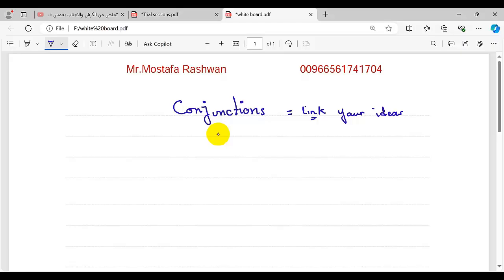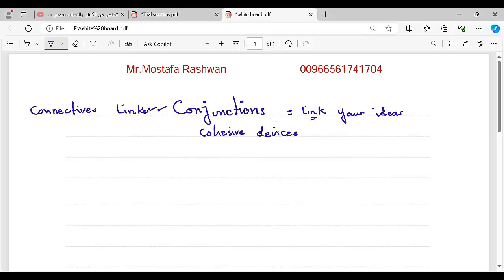The best way to link your ideas is using conjunctions. You may name it conjunctions, connectives, linkers, and also cohesive devices. All are the same meaning.